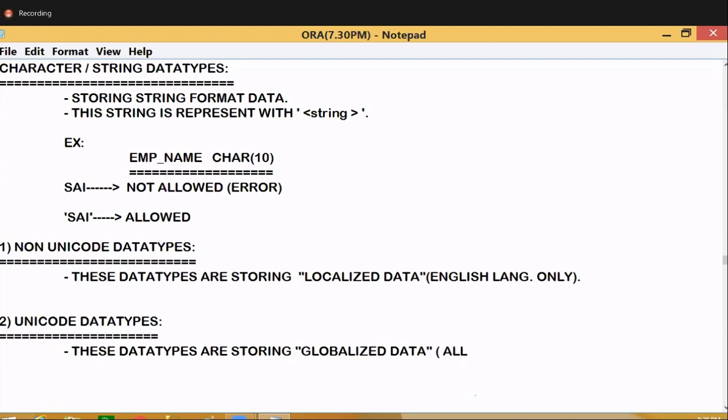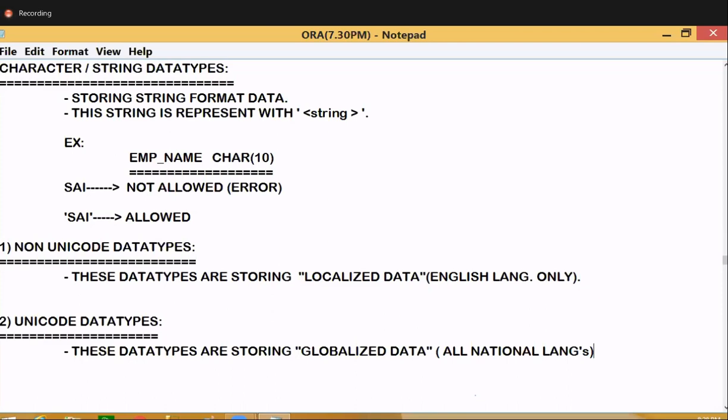Globalized data means all national languages only are permitted, not non-national languages. So all the official national languages' culture data you can store. So storing Unicode means all national languages culture data I can store.